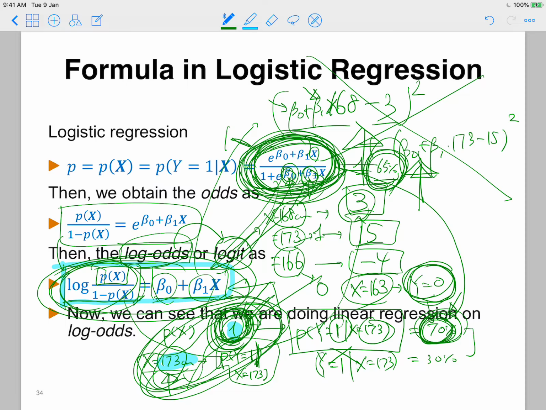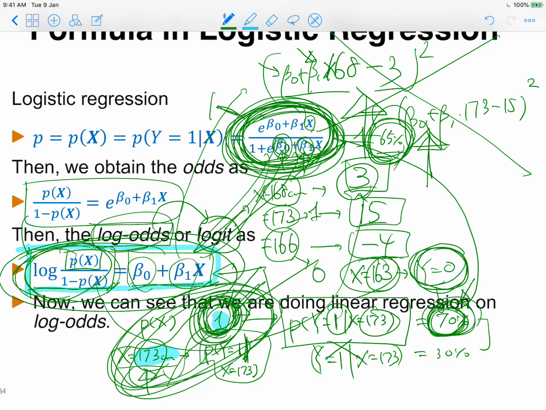So when we plug x as 163 into this representation, 1 minus this probability corresponds to y being equal to 0. That probability should also be maximized, right?